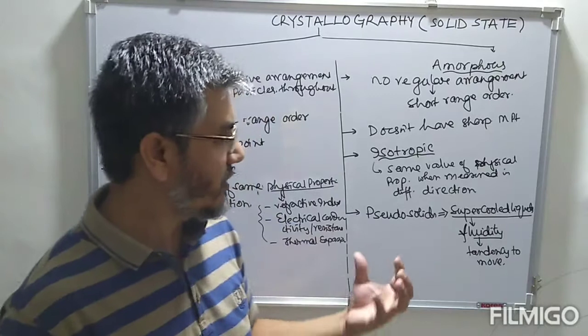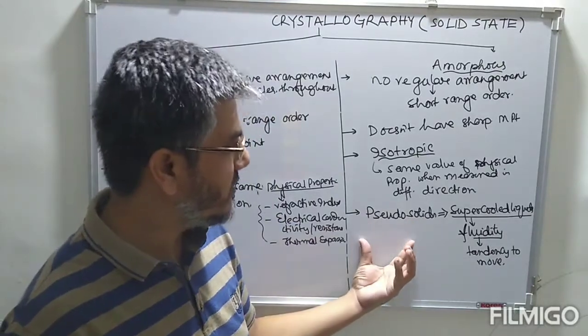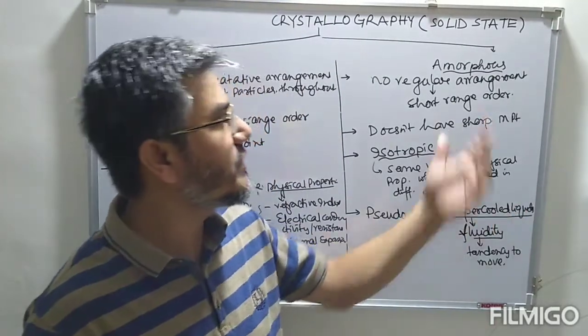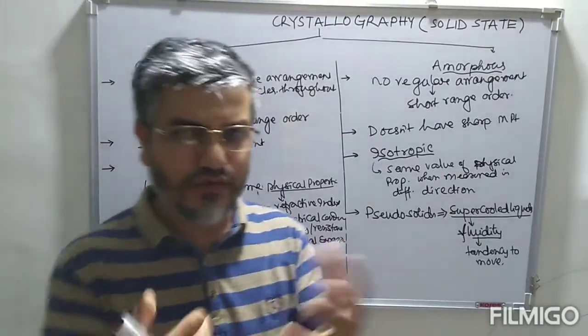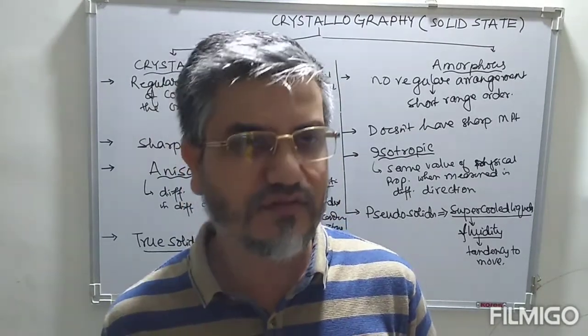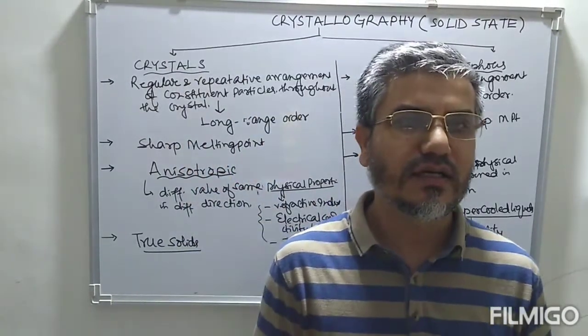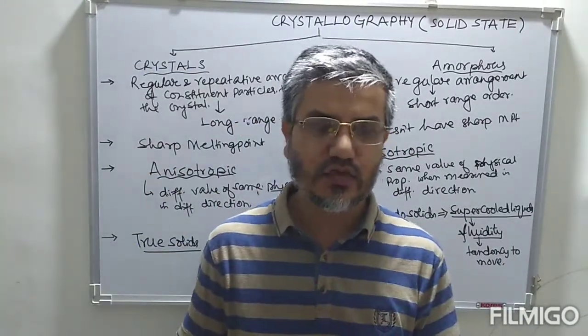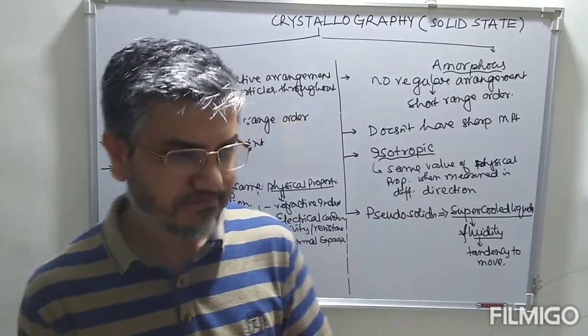Now, one of the very important examples which shows the super cooled liquid nature of amorphous substances: we know glass. Glass is an amorphous compound. Now, glass shows a tendency to move, fluid in nature.